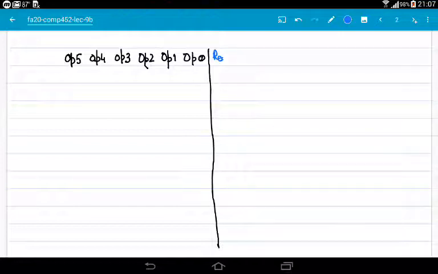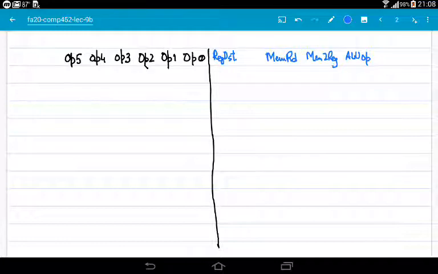We have RegDst, MemRead, I'm just writing MemRD, then we have MemToReg, then 2 bits of ALUOp, then we have MemWrite.